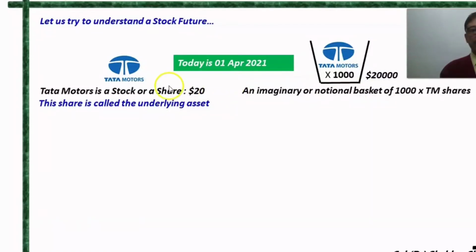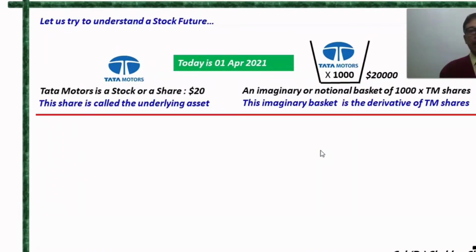And if the price of the share goes down, then the value of this basket goes down, an imaginary basket. So therefore, this imaginary basket is called a derivative of Tata Motors shares because it is deriving its value from the shares. We are not saying whether it is a future or an option. At the moment, we are just saying it is a derivative. It could be anything. All right.